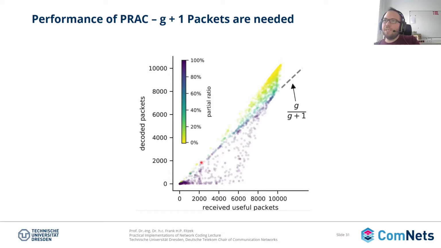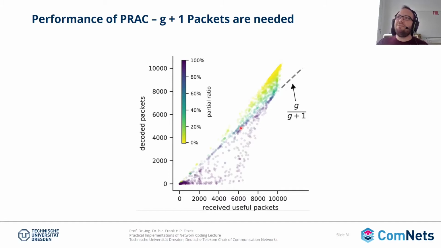As I said, if we use PRAC, we expect to decode all the packets, or at least as many as this straight line allows. So we expect all of these points to be on this straight line or above, because with an infinitely powerful PRAC, PRAC would decode this many packets based on this straight line, depending on the received useful packets.